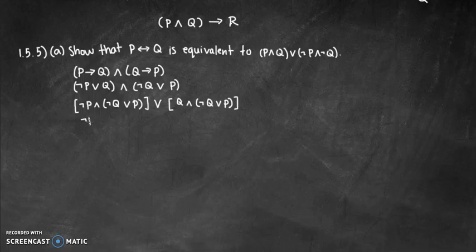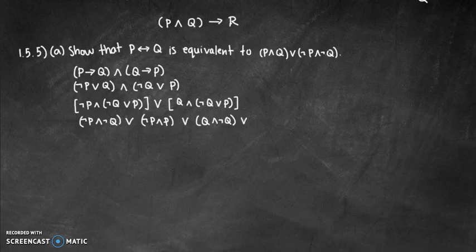So we're going to have not P and not Q, or not P and P. Now for the right side, or Q and not Q, or Q and P. So notice these contradictions in the middle, and if you remember your contradiction equivalence law, these are going to cancel out, because when you have a contradiction with an OR of P, it's equivalent to P. So these just cancel out in the middle, and you're left with P and Q, or not P and not Q, which is exactly what we wanted. So we are done.